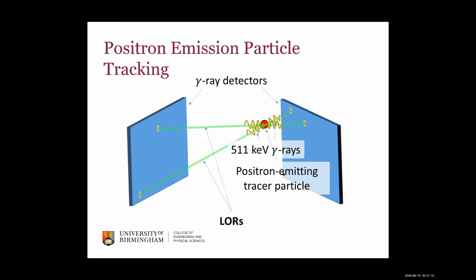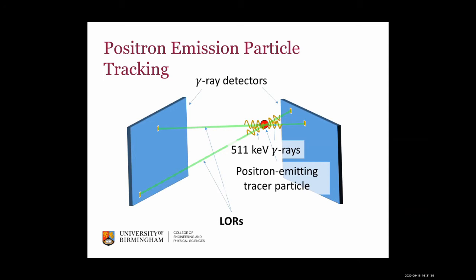This positron emission tracer will emit radioactive rays, or let's say gamma rays, and the gamma rays can be caught by the gamma ray detectors. For example, if this particle emits two gamma rays, they will go to two different positions and be detected by the two detectors.